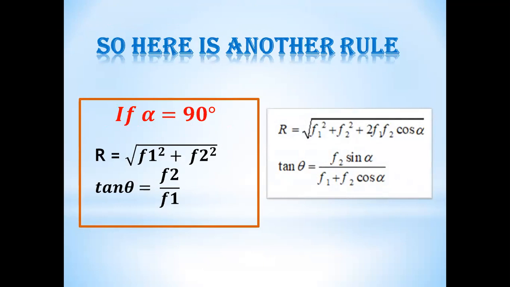The first one: the resultant is the root of F1 squared plus F2 squared plus 2F1F2 cosine alpha, and tan theta is F2 sine alpha over F1 plus F2 cosine alpha. The second rule: if alpha is equal to 90 degrees, then the resultant will be the root of F1 squared plus F2 squared, and tan theta will be F2 over F1.